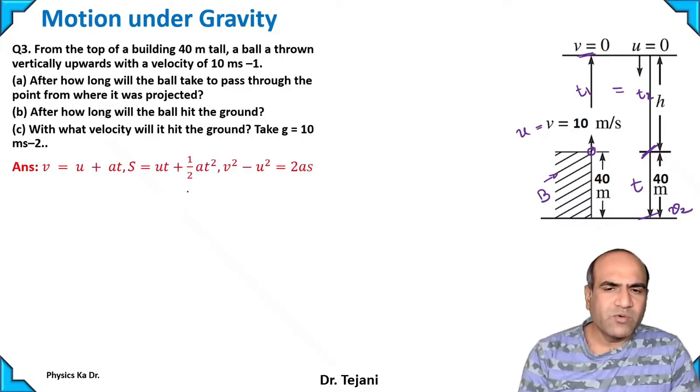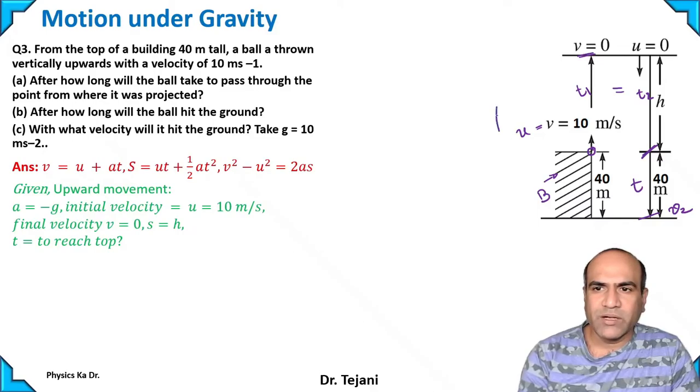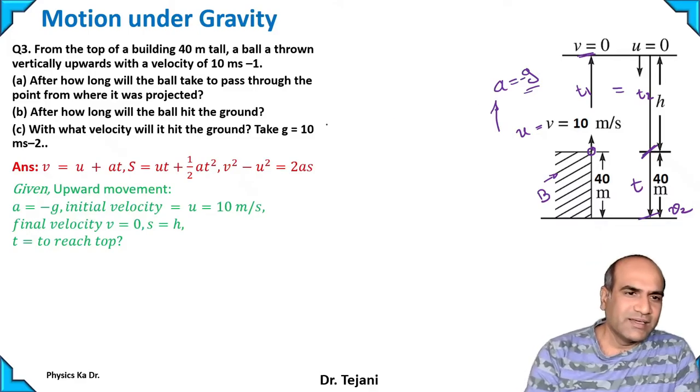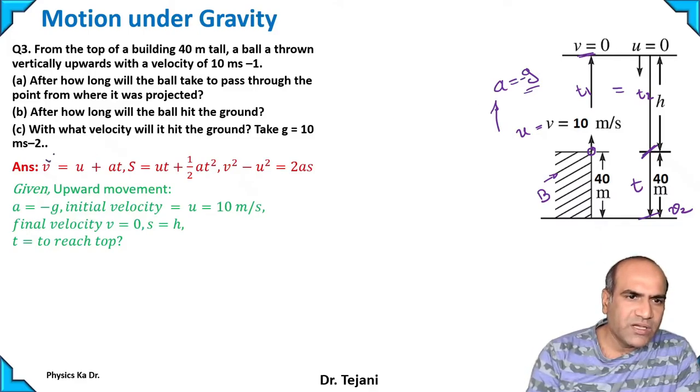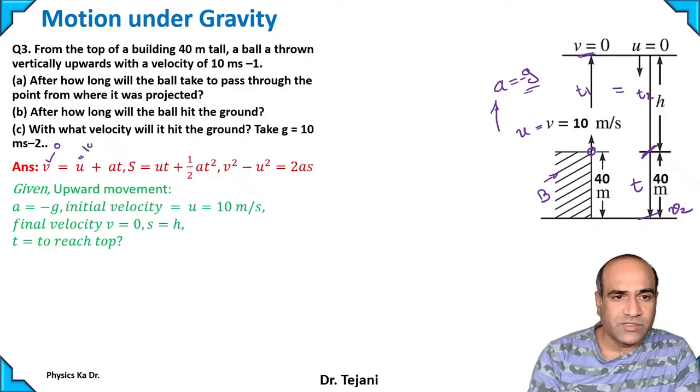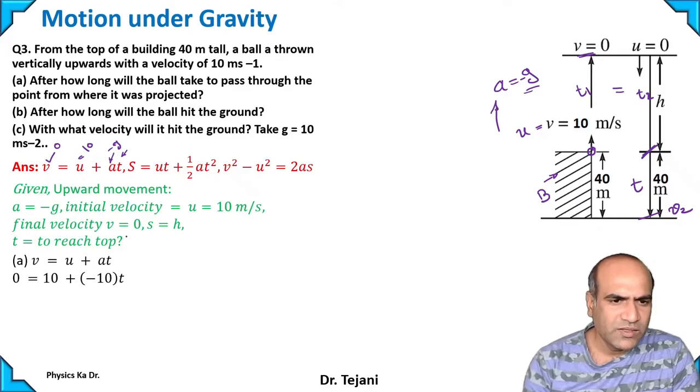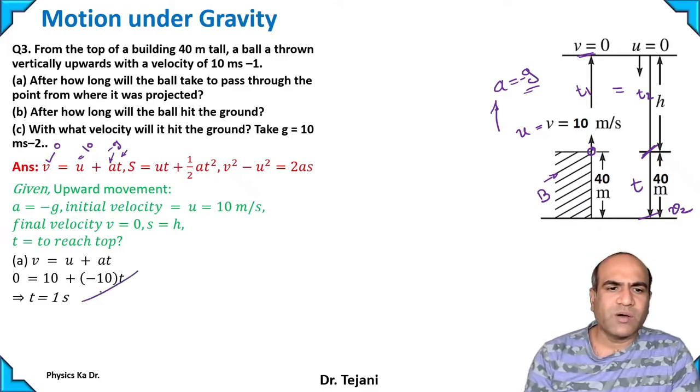During upward movement, the acceleration becomes negative g. Which equation is used? The final velocity v becomes 0, the initial velocity is 10, the acceleration is minus g, and we find the time required. The time required for the upward movement is 1 second.